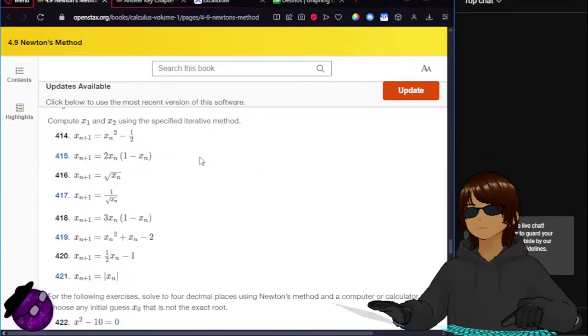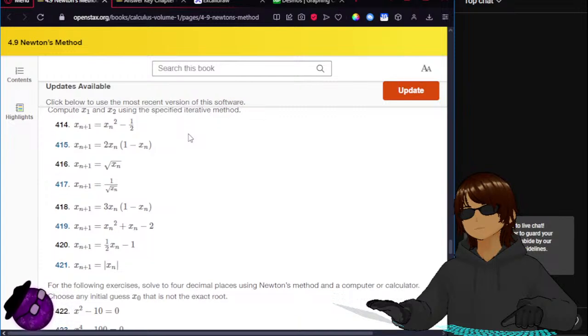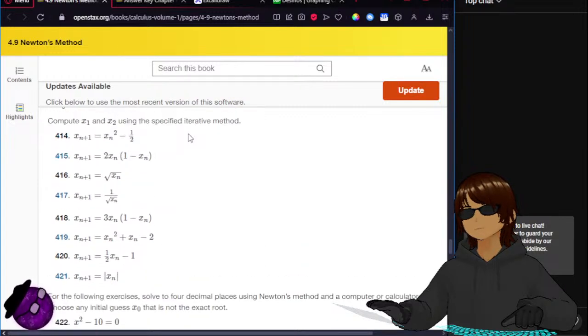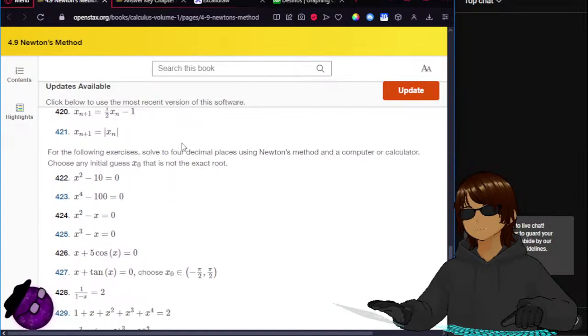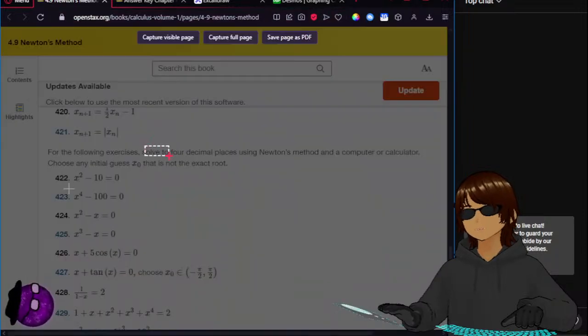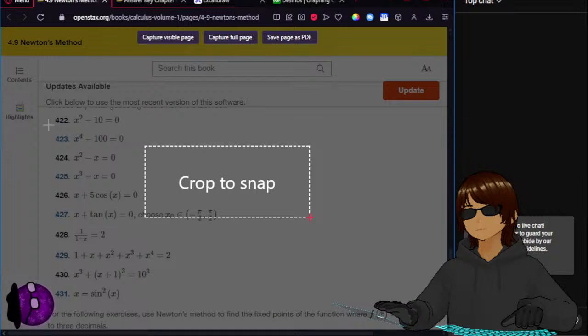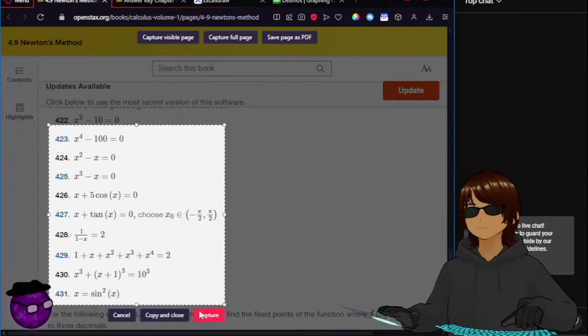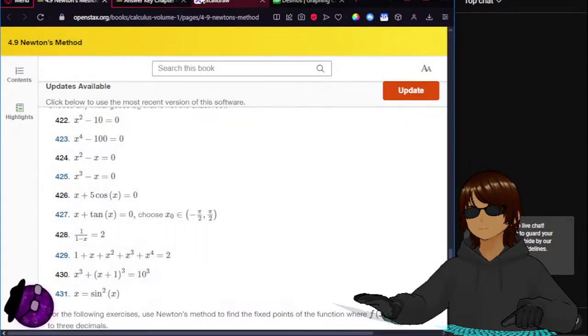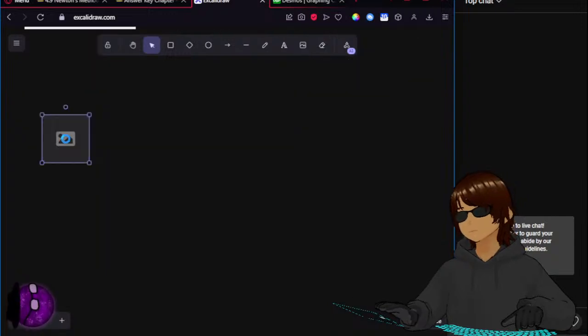Okay, let's try this. But we are supposed to use a computer or a calculator.